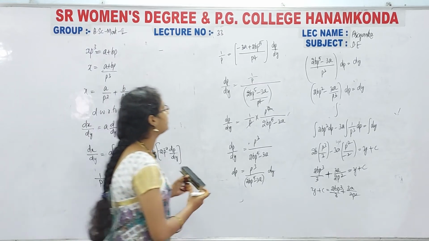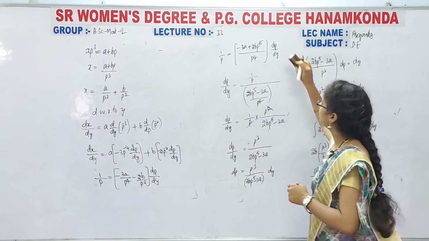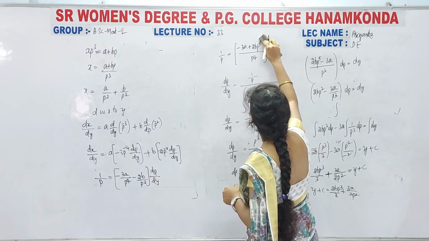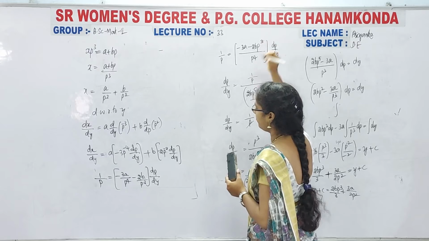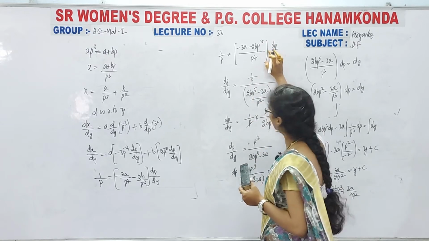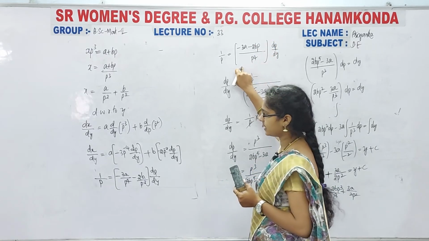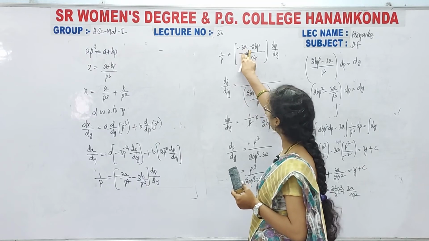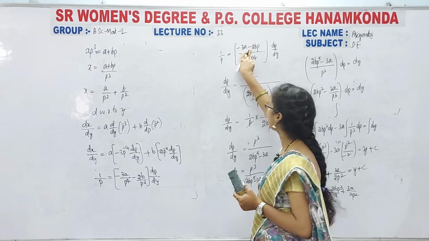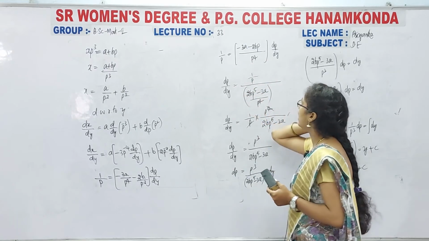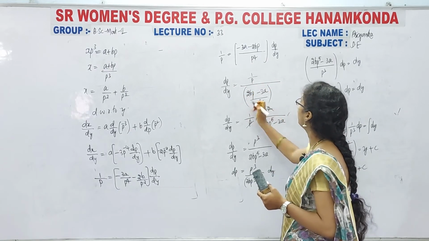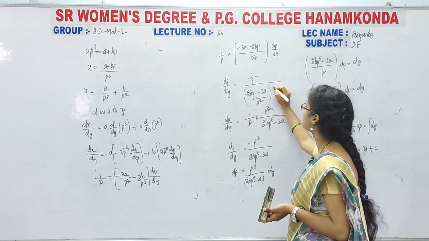Now here simply we have to take the term minus 2b. By taking the LCM here we will get minus 3a minus 2b p, because already here we have p power 4 of this one. Now here 1 by p, and here what we get, minus 2bp minus 3a by this value.